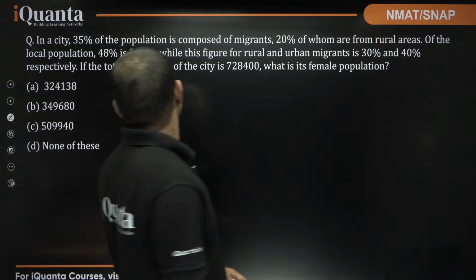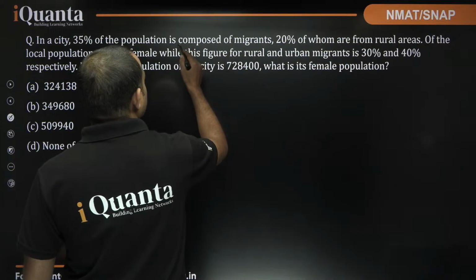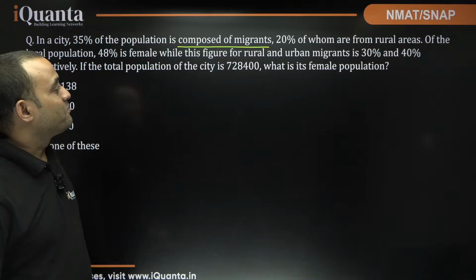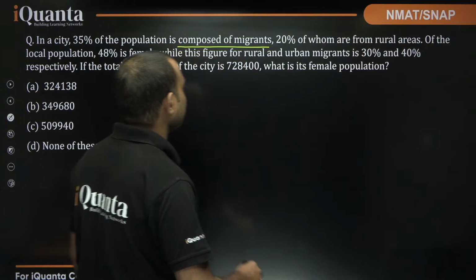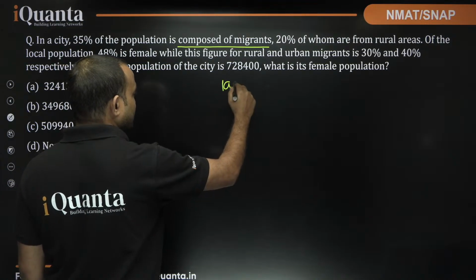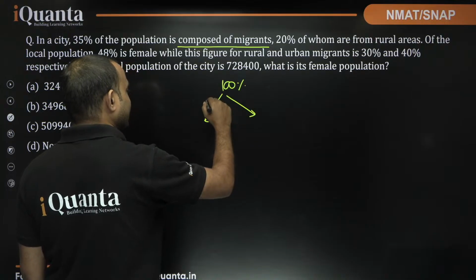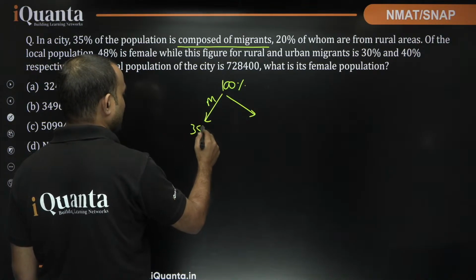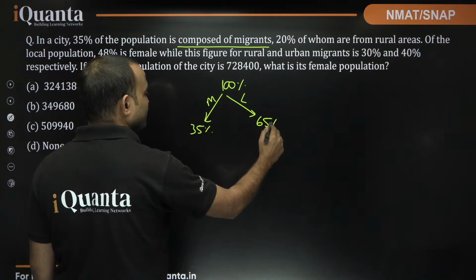So, it says in a city 35% of the population is composed of migrants, 20% of whom are from rural areas. So, let us say if total is 100%, then the migrants will be 35% and the locals will be 65%.